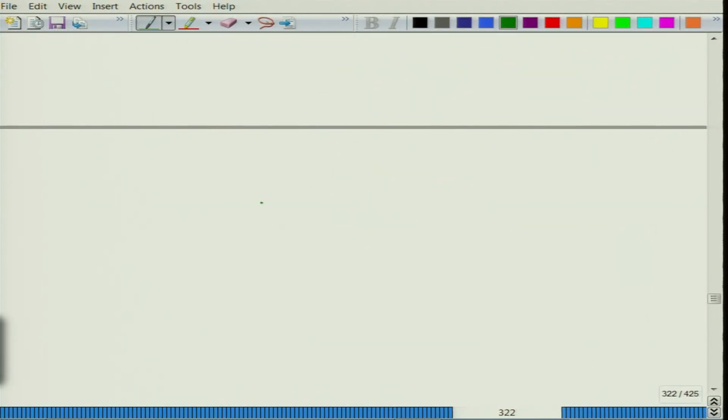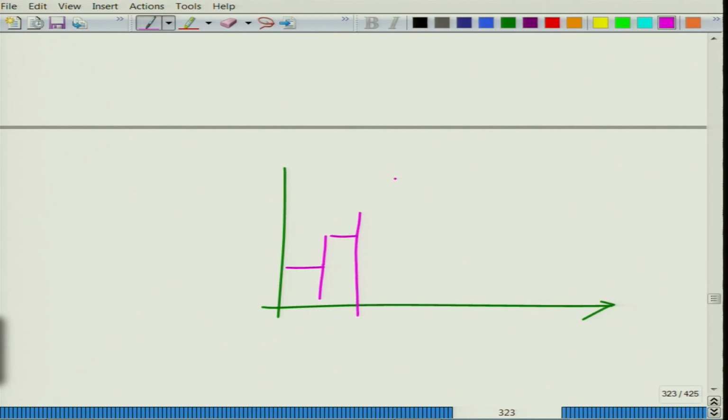If you plot this power allocation, you will realize that, let us first plot the different quantities, the different bars. Each of these bars is of different height.